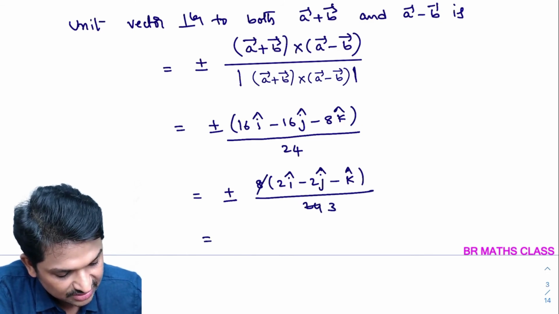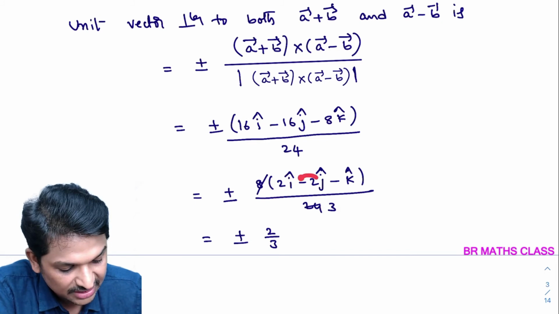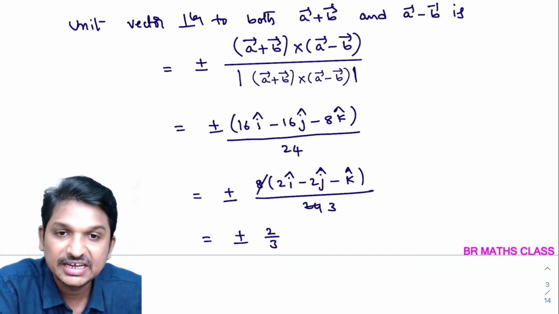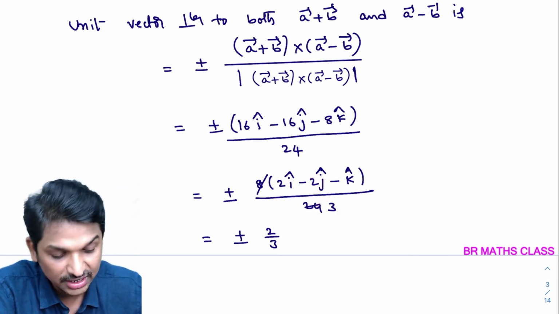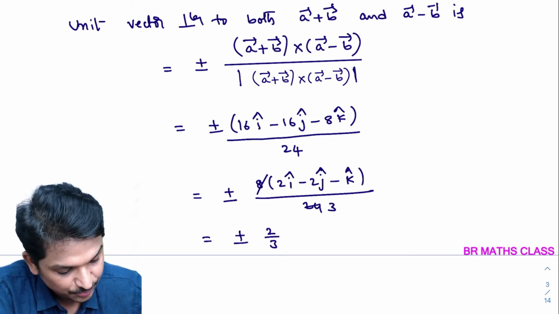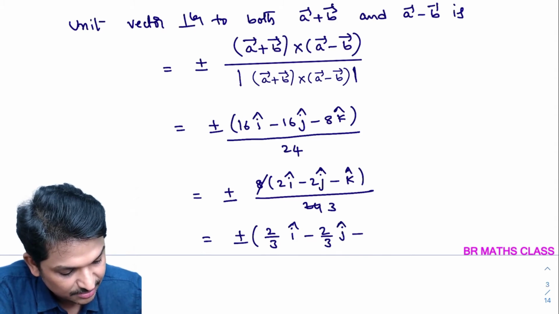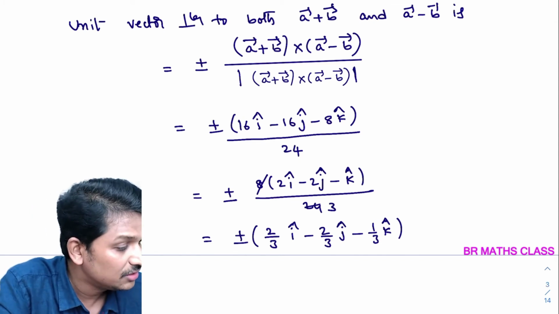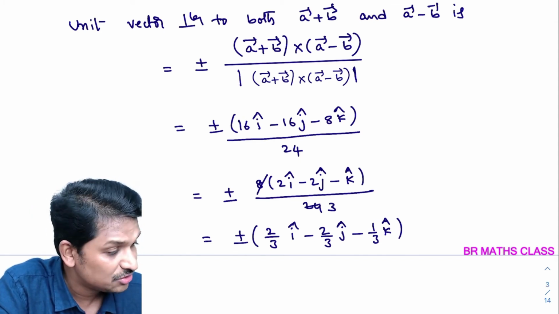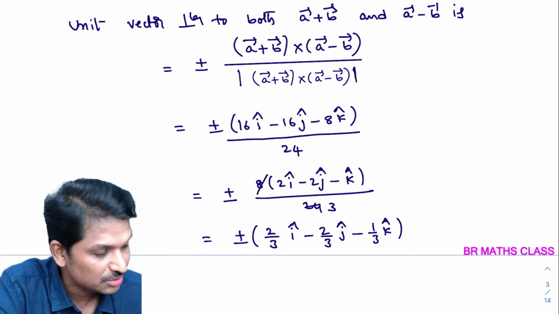So what is this? This is plus or minus 2 by 3 i cap minus 2 by 3 j cap minus 1 by 3 k cap, like that I can write. So we got the answer: plus or minus 2 by 3 i cap minus 2 by 3 j cap minus 1 by 3 k cap.